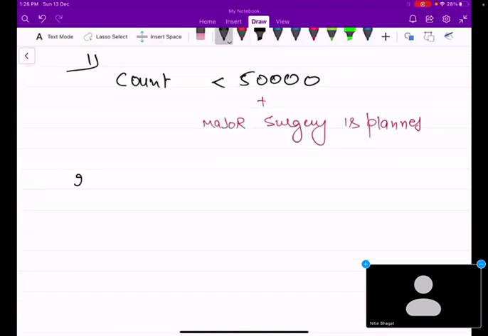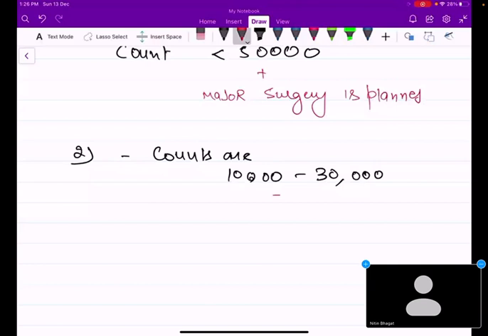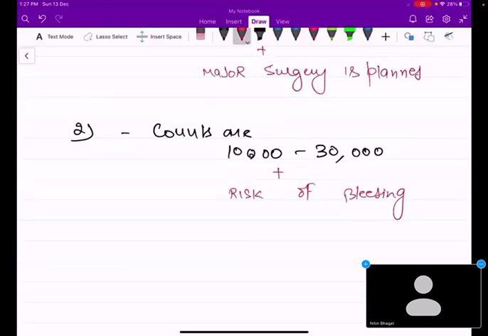Second, they are given if counts are between 10,000 to 30,000 plus there is risk of bleeding. For example, the patient has piles. He can bleed anytime. Patient has esophageal varices.